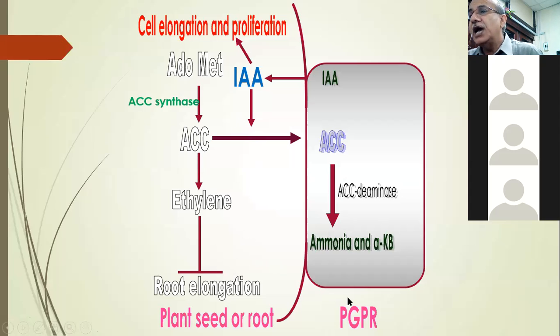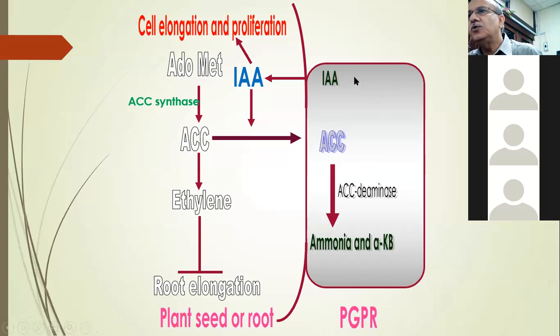Now, when you inoculate with PGPR, what happens is, whenever there is more ACC in the plant, and you know diffusion means the movement of a compound from higher concentration to lower concentration. When there is more ACC production inside the root, that ACC, due to high concentration, goes out of the root.